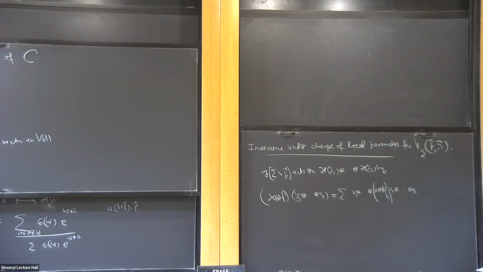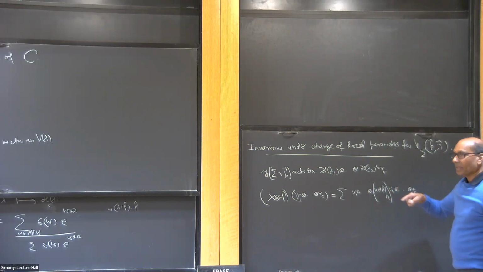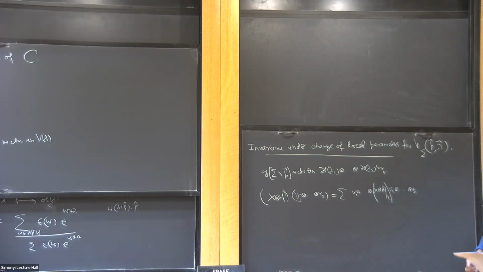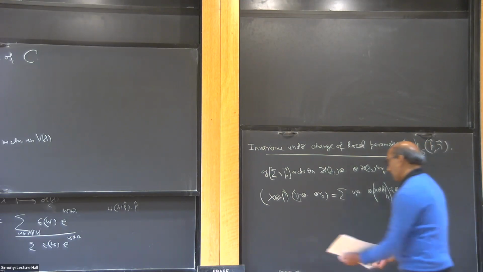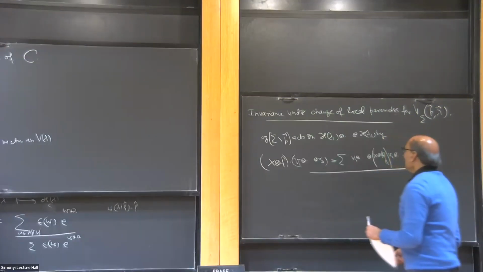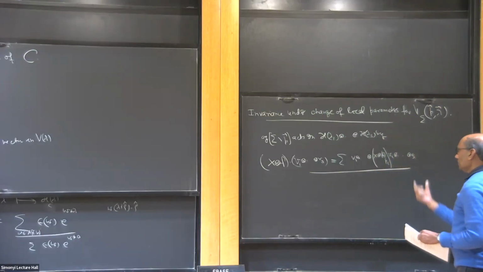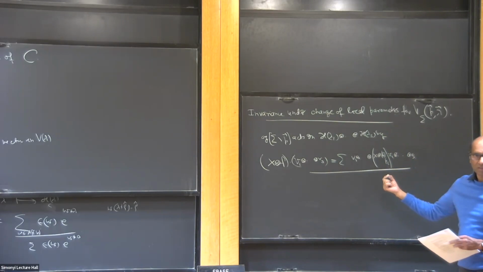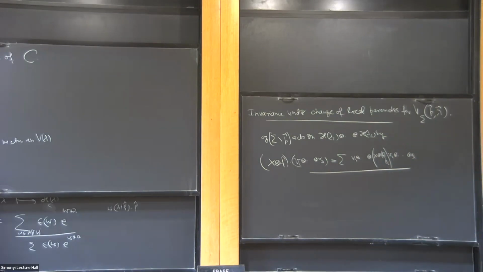So this involves a choice of a local parameter at each of the Pi. And now what I'm going to prove is that it does not depend upon the choice of the local parameter. So let's first fix one local parameter. It doesn't change the isomorphism class of the representation. That's right.